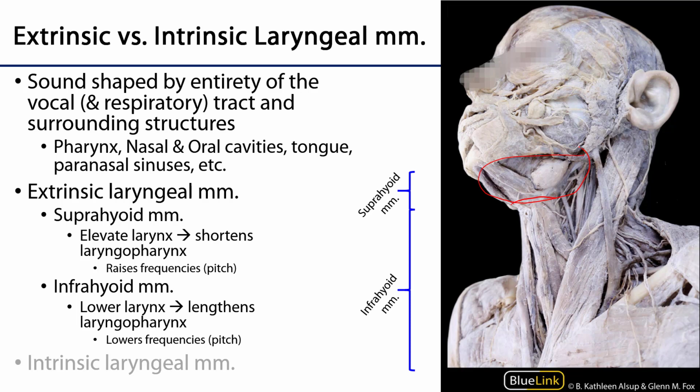you're actually shortening the laryngopharynx because the laryngopharynx is posterior to the larynx. So if I were to draw this box as the larynx, the laryngopharynx would sit posterior to that.